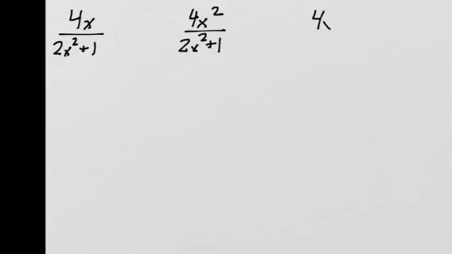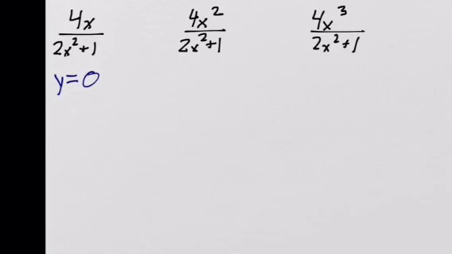And 4x cubed over 2x squared plus 1. So the first one, the highest exponent in the numerator is less than the highest exponent in the denominator. So we have the horizontal asymptote, I did it again, horizontal asymptote would be y equals 0.